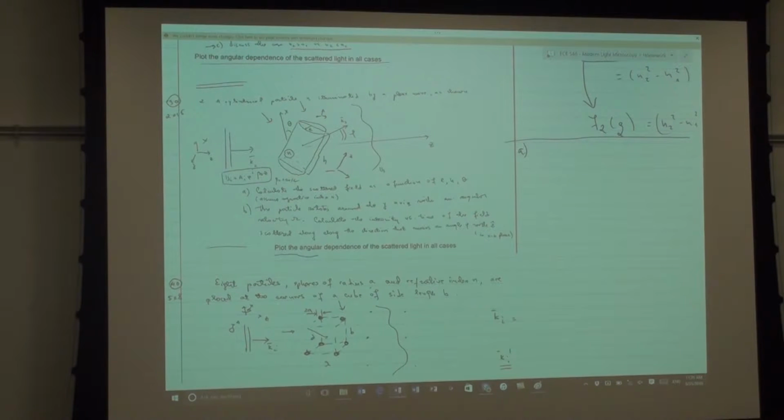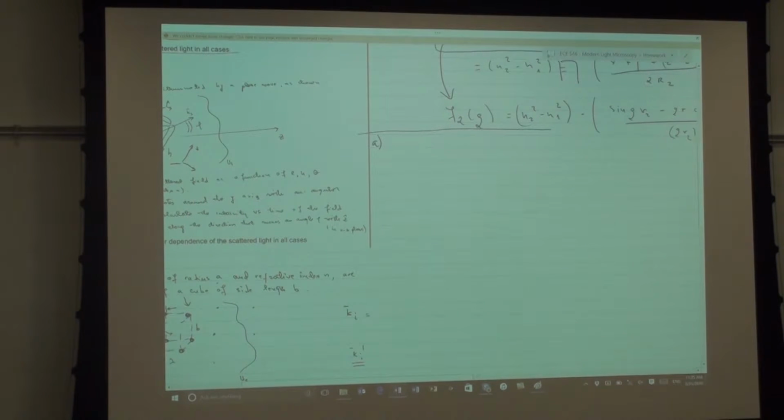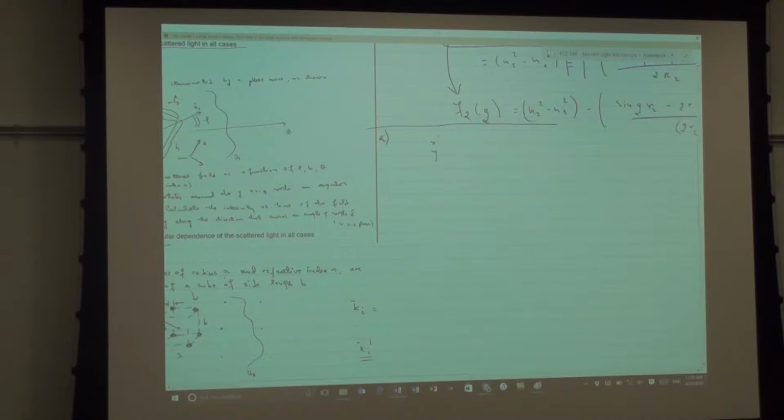Okay, so let's write down the rotation matrix. My new coordinates x prime, y prime, z prime are the rotation matrix for angle theta, and it's along y, right?